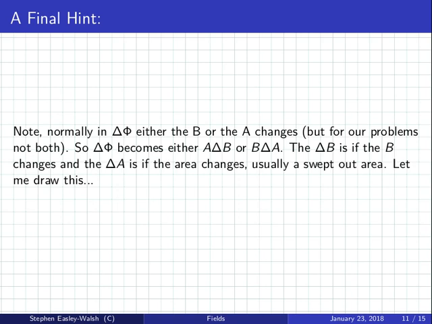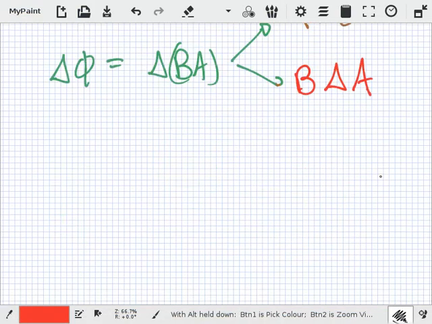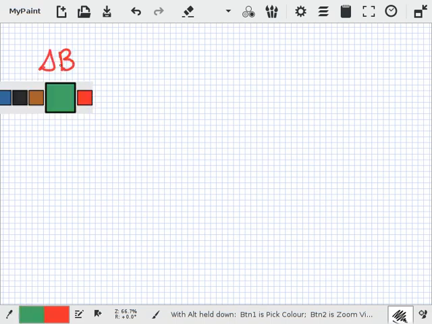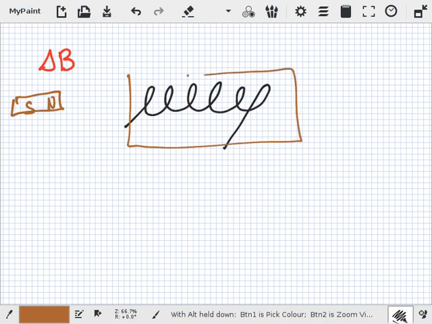Okay, can I draw? The first one is easy, if the B changes. You have something like this, and there's a magnet here, north south. When you look inside here, the B is 0.